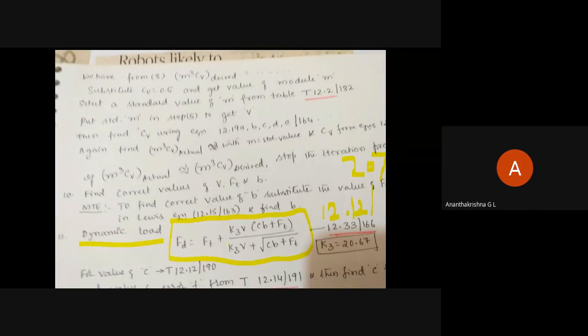Just note down this equation and wait for some time. The value of K3 given in the data handbook is 20.67. So you can take 20.67 into V of C into B plus Ft divided by K3V plus root of CB plus Ft. Just note down this equation and hold on.